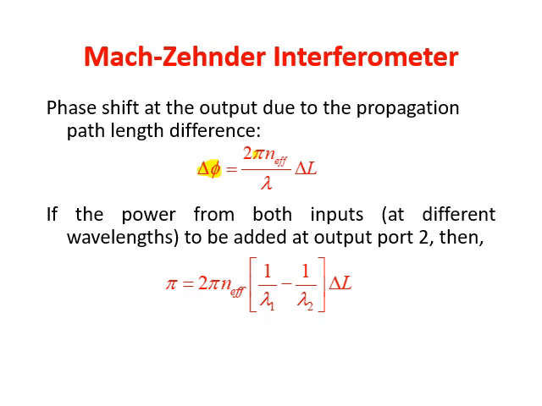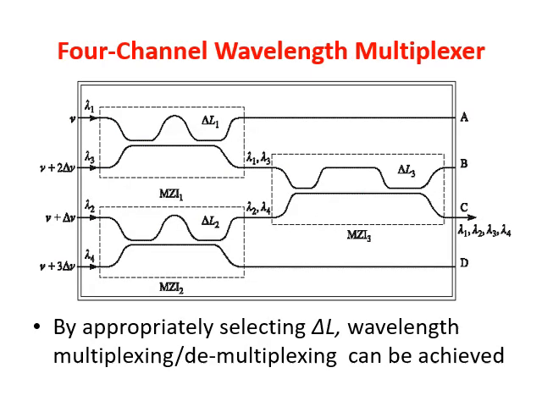This is the variation with respect to lambda, which is expanded in terms of delta L. If the power of both inputs is to be added at output port 2, then the value of pi I can get with respect to this equation. And this is the equation which just needs to be remembered with respect to Mach-Zehnder interferometer multiplexers, especially mentioned for the 2 cross 2 Mach-Zehnder interferometer.